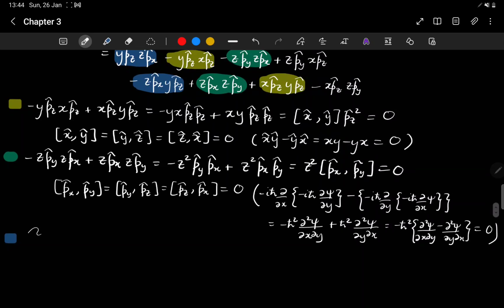This is y pz, z px, minus z px, y pz, and this equals the following.